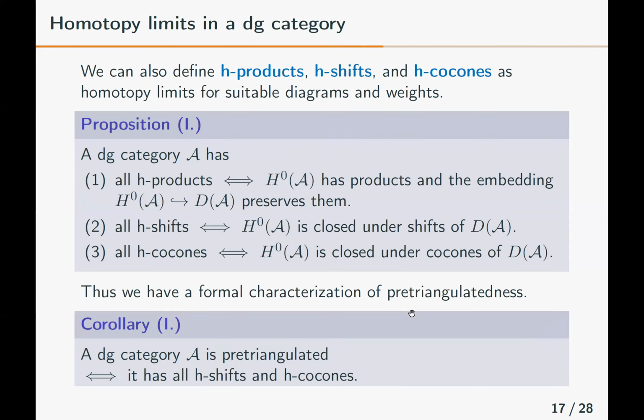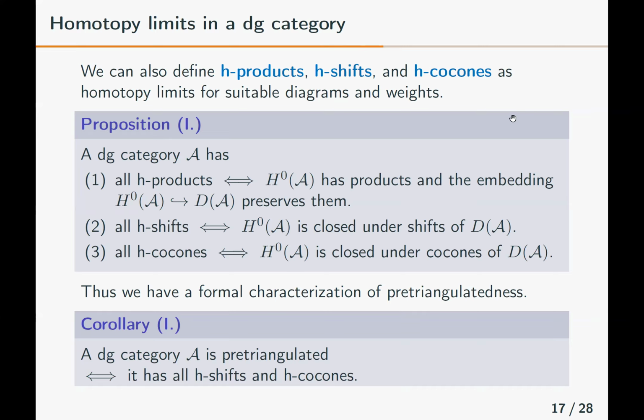More generally, we can define other homotopy limits by choosing suitable diagrams and weights. These include h-products, h-shifts, and h-cocones. The h-shift is designed to capture the degree shift of complexes, and the h-cocone is designed to capture the mapping cone of a morphism of complexes.